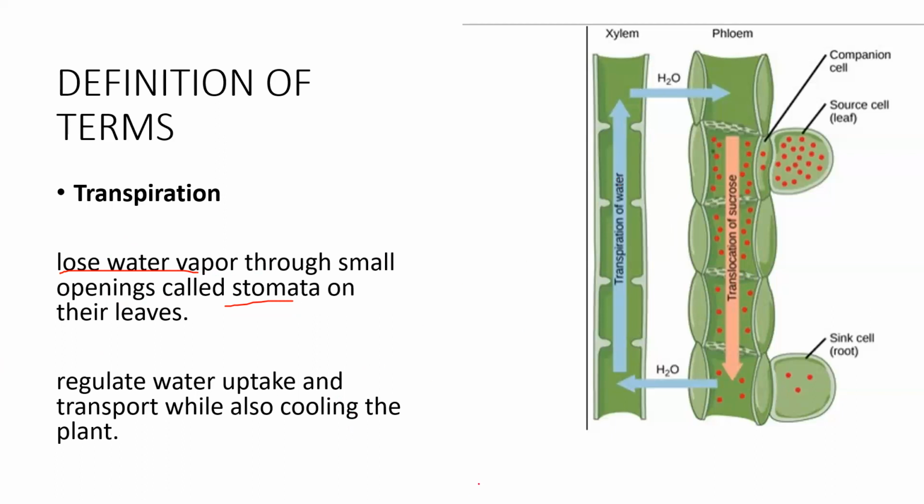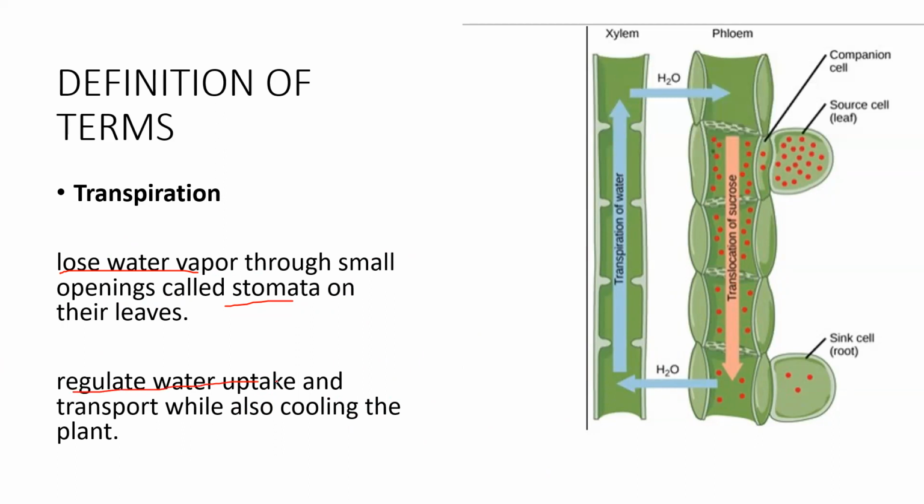Wherein, paglalabas ang tubig or yung mga excess water, so it means ang pinaka-door nila to exit is the stomata. Stomata is responsible for the entry and the exit of the product absorbed by the plants.